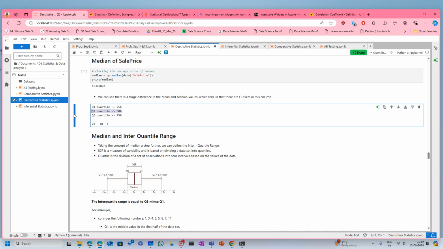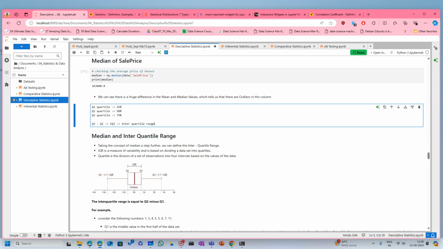You could have directly taken the average of whatever the Q2 value was. But these are percentages, they don't necessarily indicate frequency, they don't indicate the number of values, they don't represent exact values, but instead they are percentages. That's why Q3 minus Q1 is not equal to Q2 here. Q3 minus Q1 is called IQR, interquartile range. You will hear this a lot of times.